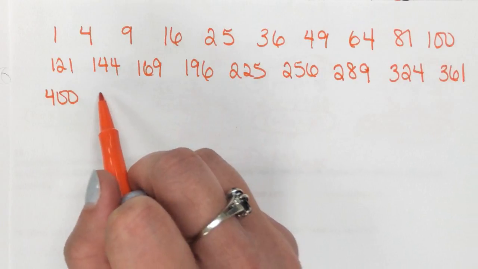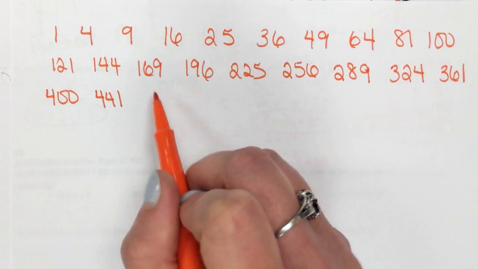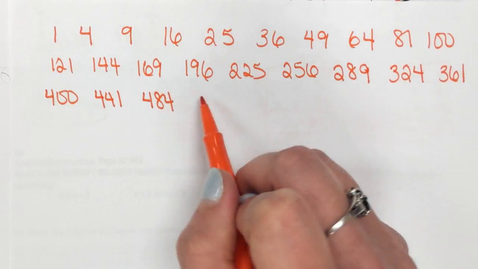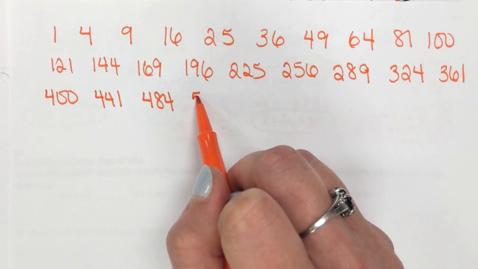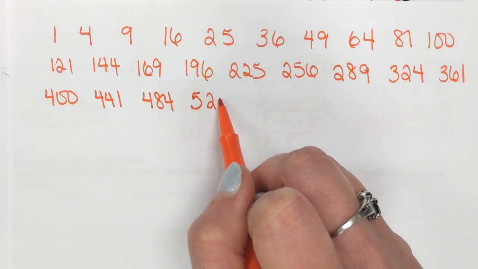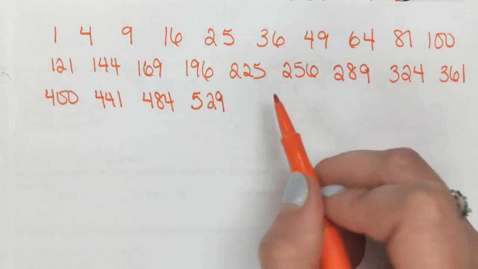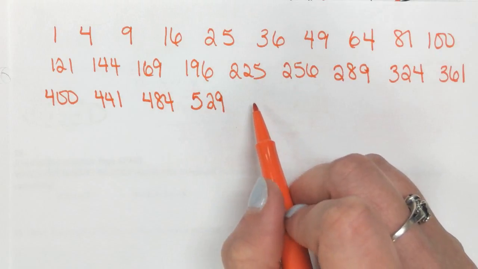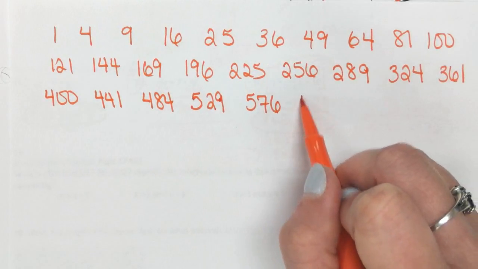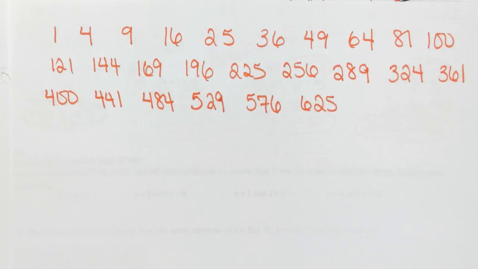All right, 21, 441, 22, 484. 23, 526? No, it's 529. Very good. Let's see, 24, 576. Very good. 625. Are y'all okay? Anybody lost? Okay. No.